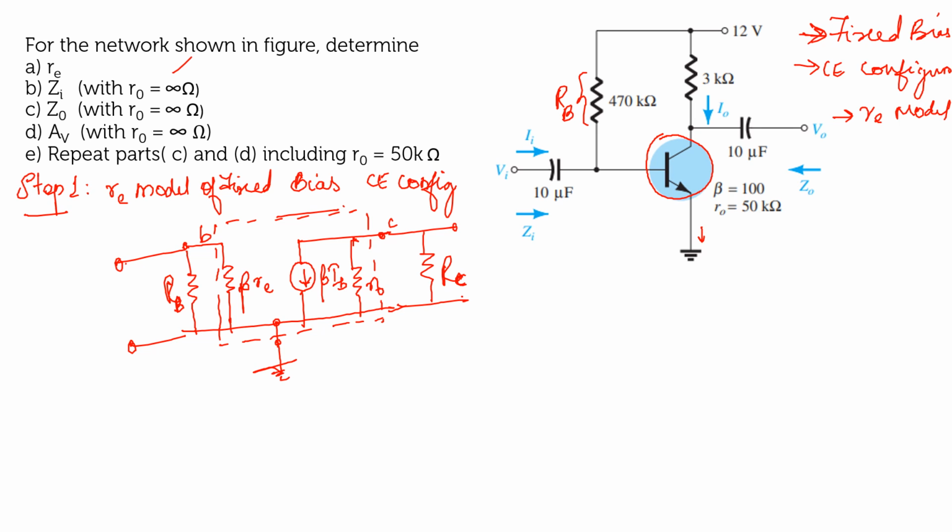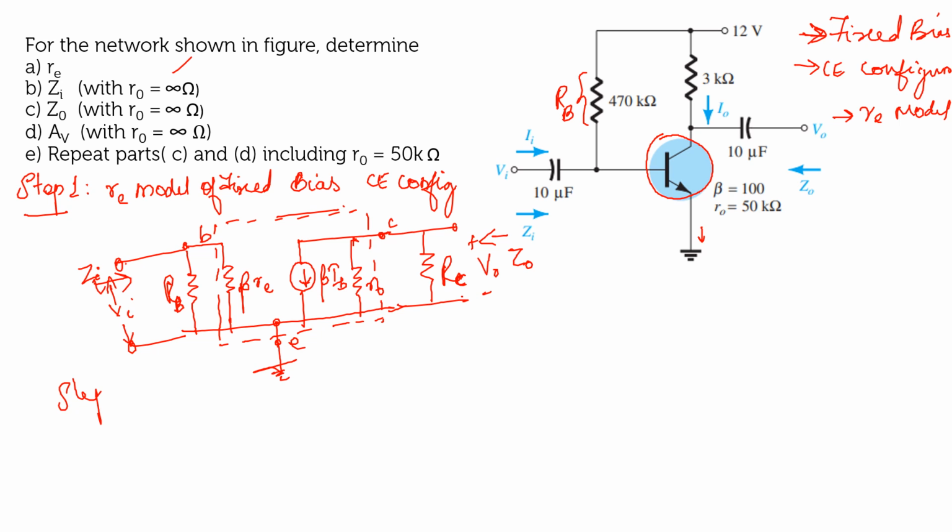Your input is Vi and your output is V0. Looking into the circuit from the input, it is your input impedance Zi. From the output looking towards the circuit is your output impedance Z0. These are the different parameters of the re model of the fixed bias CE configuration.